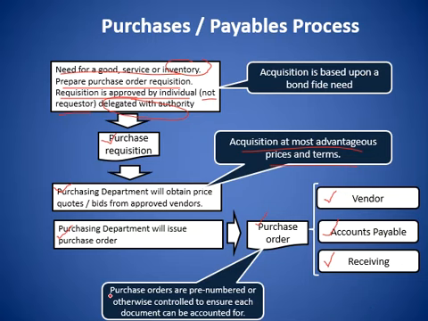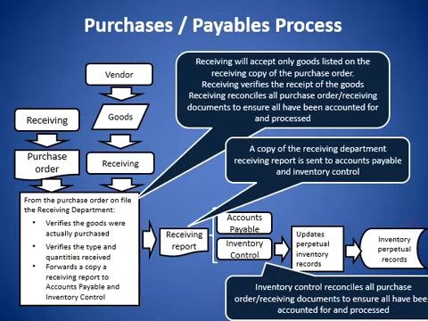It's also very important to note that purchase orders are pre-numbered, or in some other way controlled, to ensure each document, each purchase order, can be accounted for. So we can identify each purchase order so we know if any purchase order is missing or out of place for whatever reason.